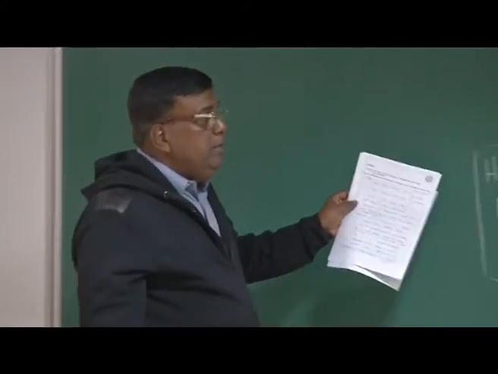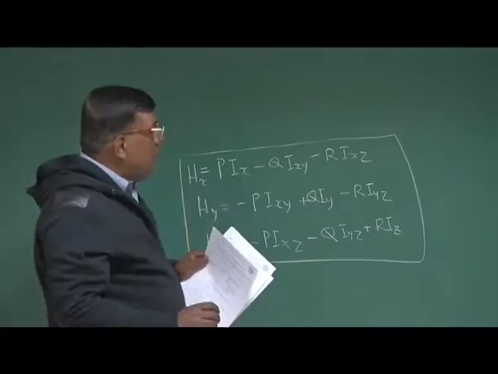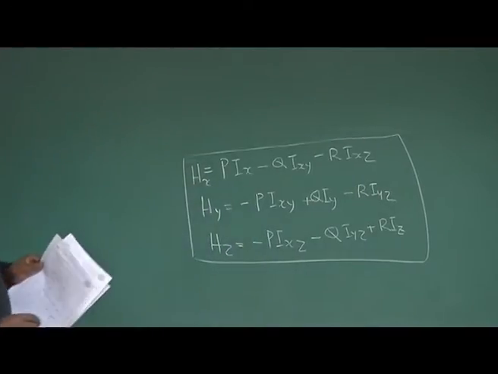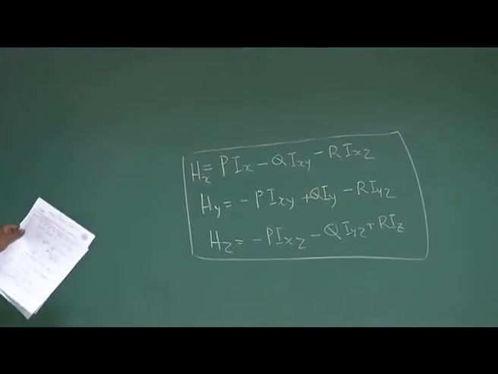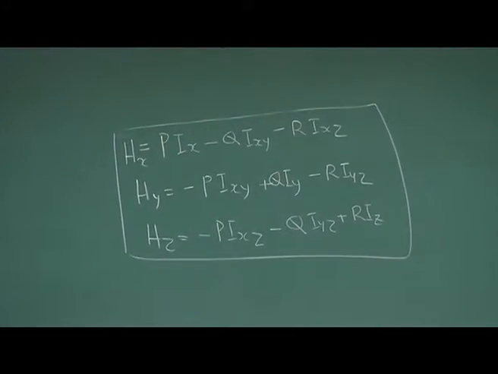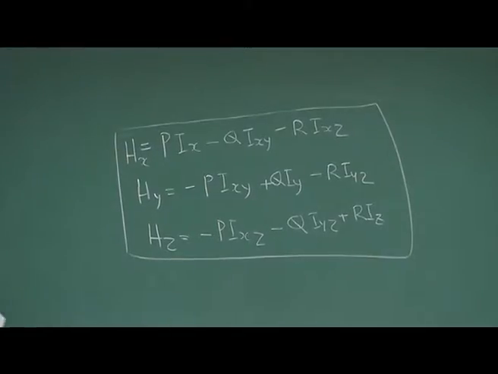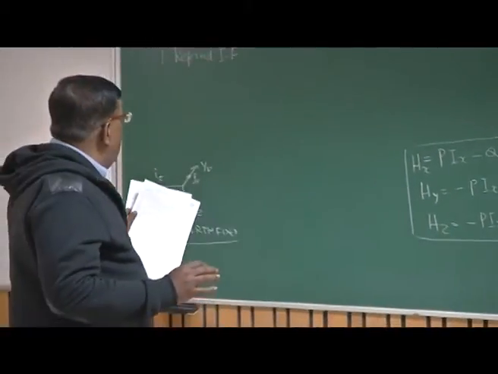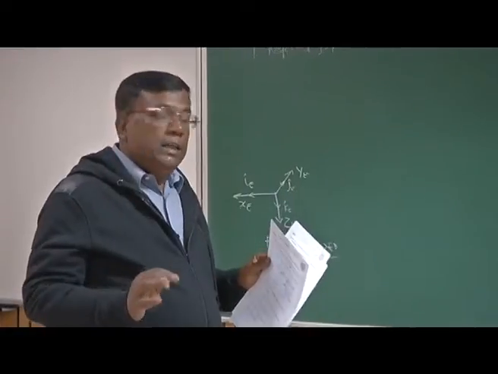And how did you develop this equation? That is also important. We are trying to go back and see how these expressions were obtained. Hx, Hy, Hz are the components of angular momentum along the inertial frame, which is earth fixed, and the unit vectors are IE, JE and KE, right?